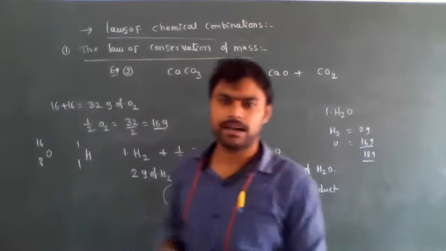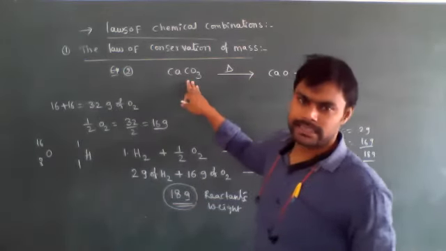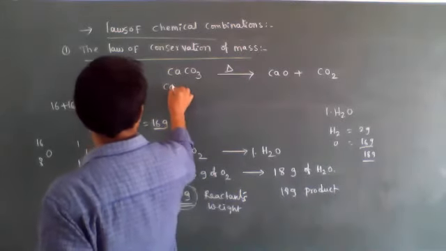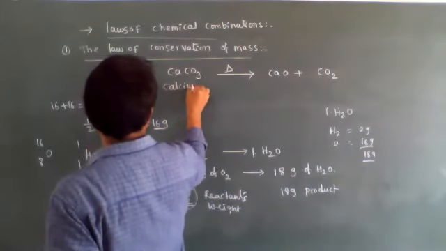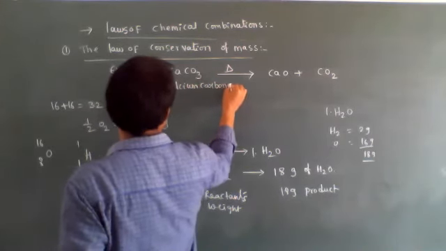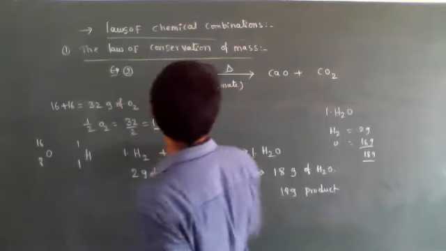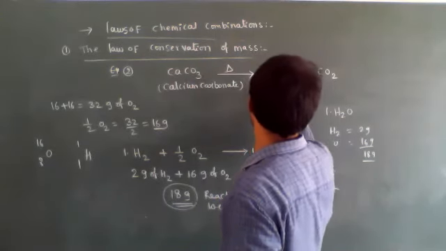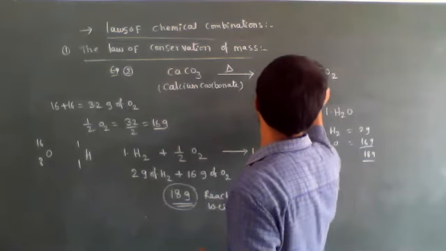Now see the second example, calcium carbonate. CaCO3 means what? Calcium carbonate. CaO means calcium oxide.